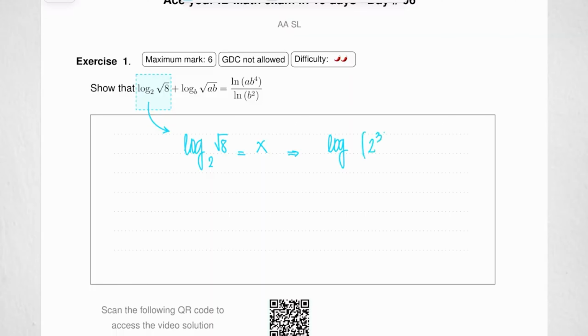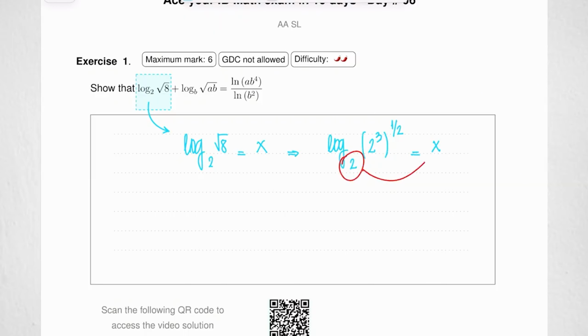In this case, given that 8 is 2 cubed, and given that square root is the same as raising to the half, or to the power of 1 over 2, what you're asking yourself is, 2 to the power of what is 2 cubed to the power of half? Now do remember that when you have a power over a power, we multiply the exponents, which means that this is the same as 2 to the 3 over 2. Therefore, your x value is just that. It is 3 over 2, which means that this blue box is 3 over 2.